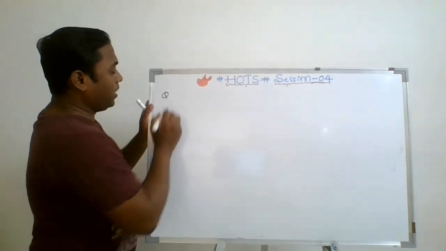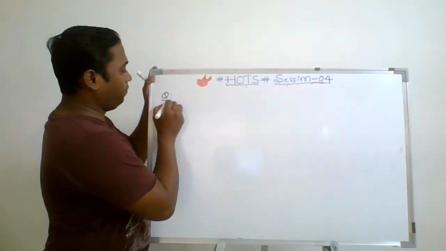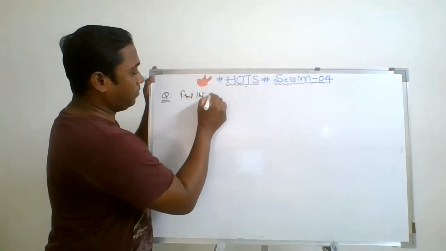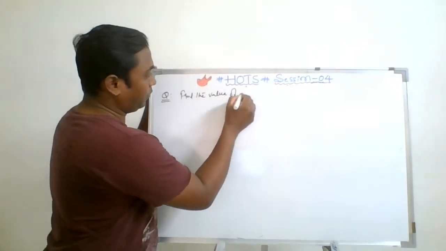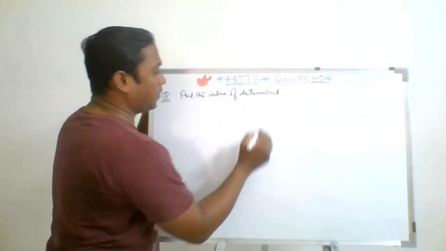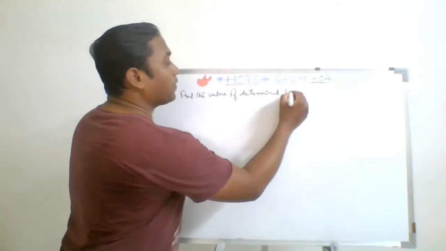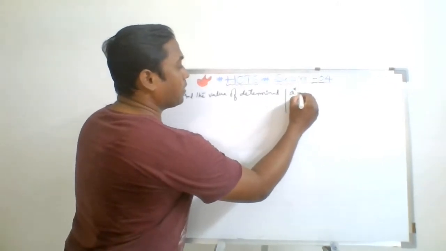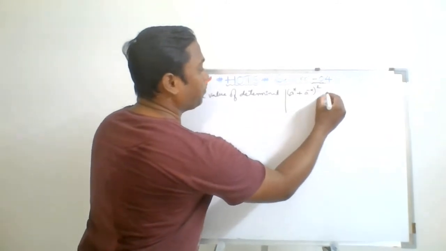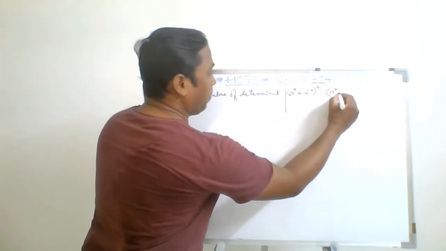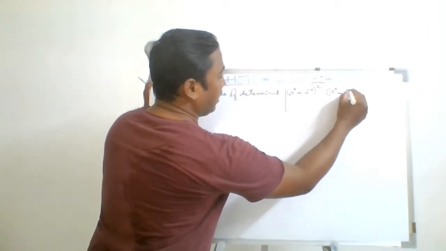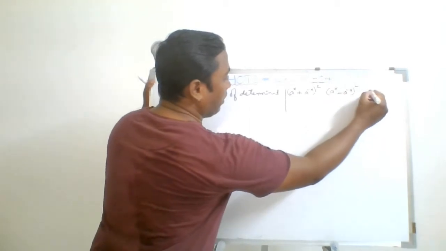The question is just to find the value of the determinant given as: a to the power of x plus a to the power of minus x the whole square, second column a to the power of x minus a to the power of minus x the whole square, and 1.